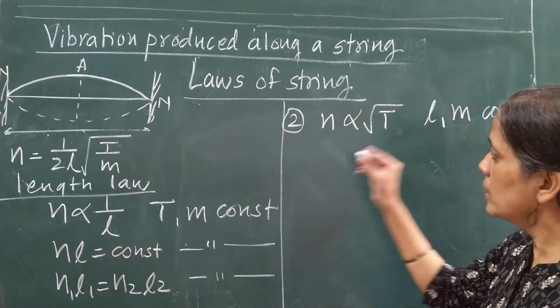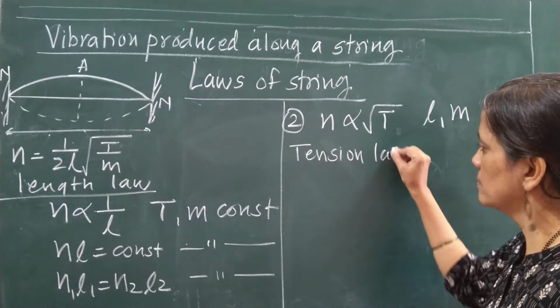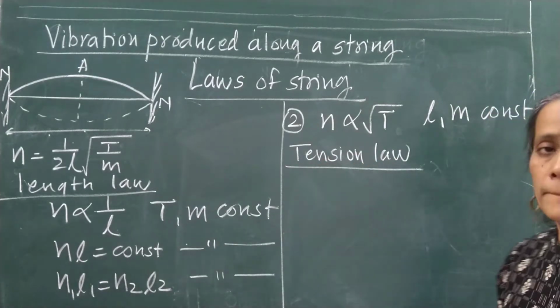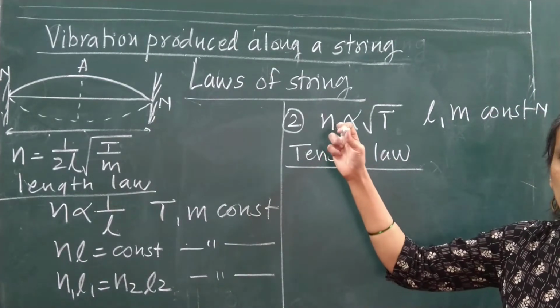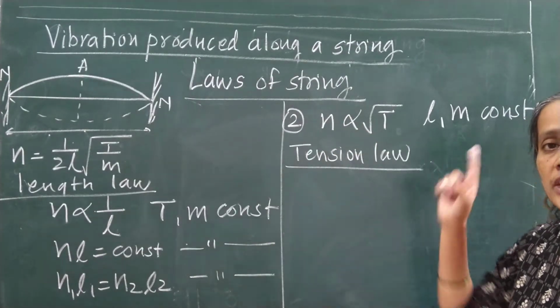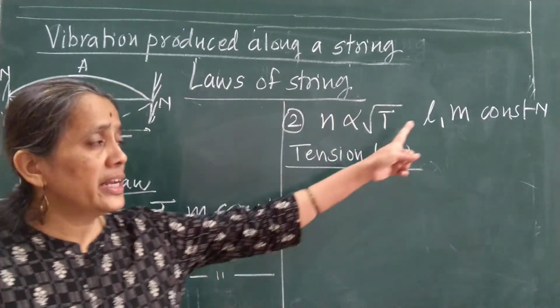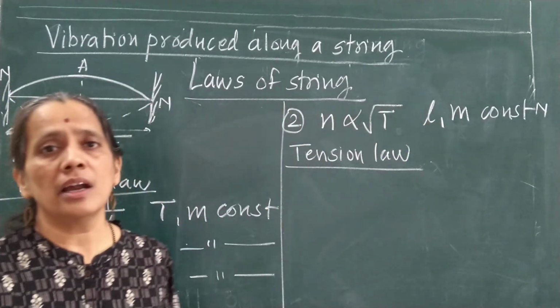This law is called your tension law. So what is the tension law? The frequency of a vibrating string is directly proportional to the square root of the tension given to the string, provided that the vibrating length of the string and mass per unit length are constant.